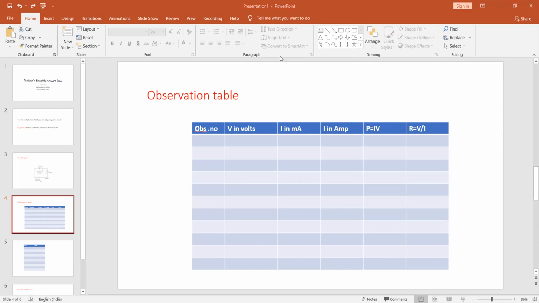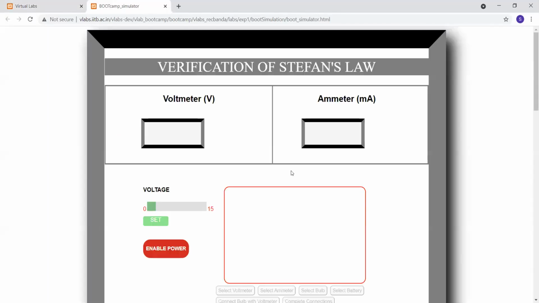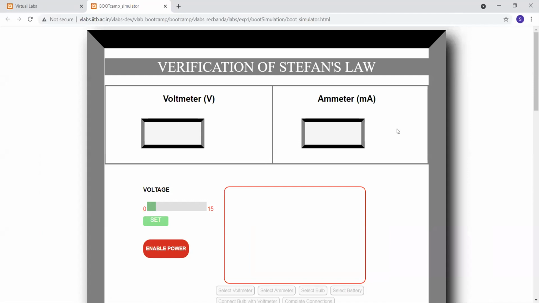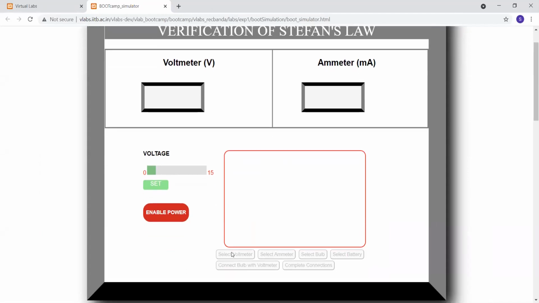We do this experiment by using this virtual laboratory. The instruments for Stefan's fourth power law are like this. Here ammeter, voltmeter, we select voltmeter.